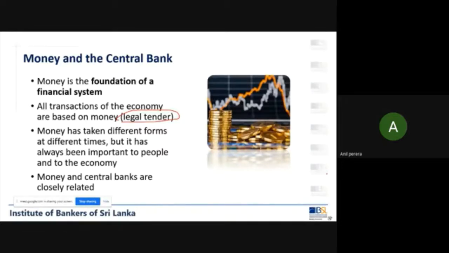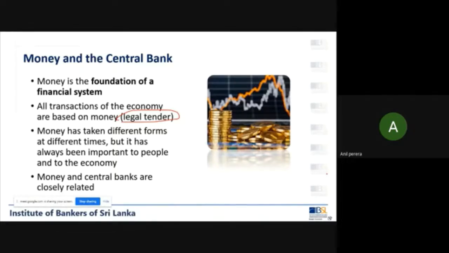That was the practice for many centuries, but central banking was introduced to the world around the 17th century. After that, during the last three to four centuries, money has been vested under the central bank's responsibility.